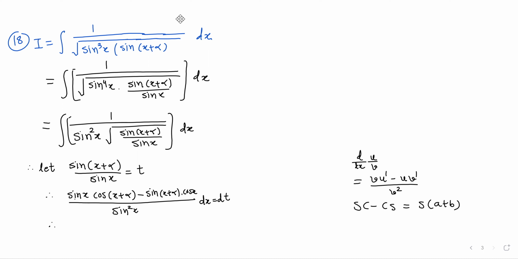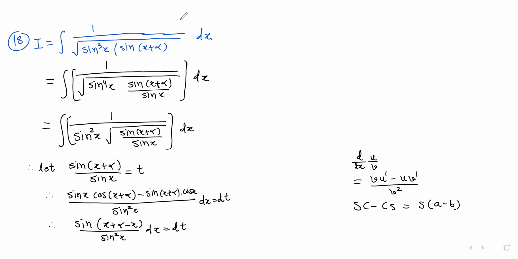Sorry, A minus B. So applying this formula here, sin x, we take x plus alpha, sin of (x plus alpha minus x) upon sin square x dx is equal to dt.